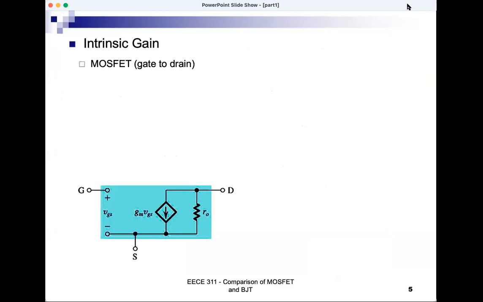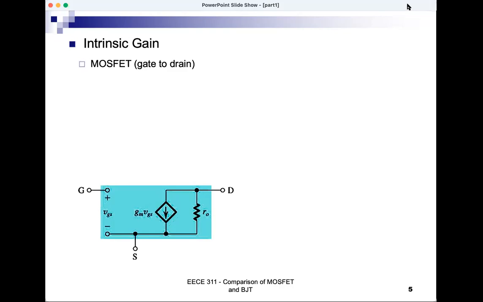It has to be part of a circuit, and it has to be biased in the saturation region. So the DC VGS is greater than VT, the DC VDS is greater than VGS minus VT. So properly biased, and there is a signal that somehow appears between gate and source, a small VGS. I want to see what would appear at the drain.